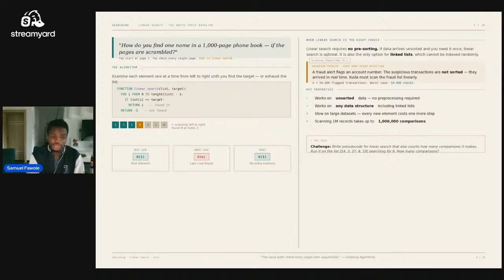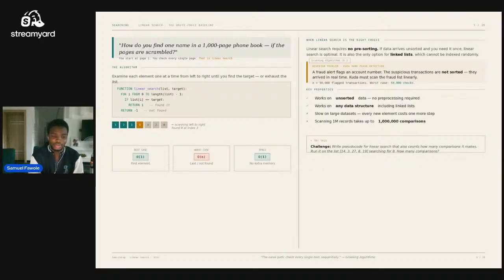So how do you find one name in a 1000 page book if the pages are scrambled and we're using linear search? This is the pseudocode for that. You go from the first element.